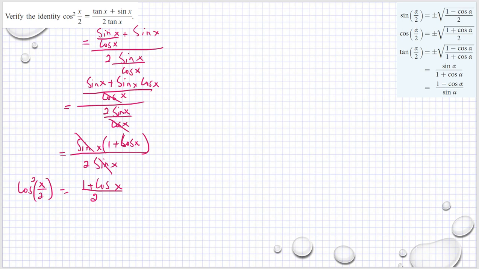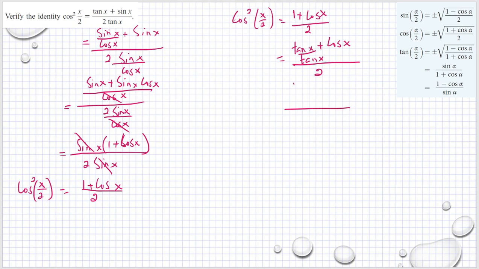If we want to do it the other way around, cosine squared x over 2 is equal to 1 plus cosine x divided by 2. Then we have tangent x plus cosine x tangent x over tangent x, over 2.